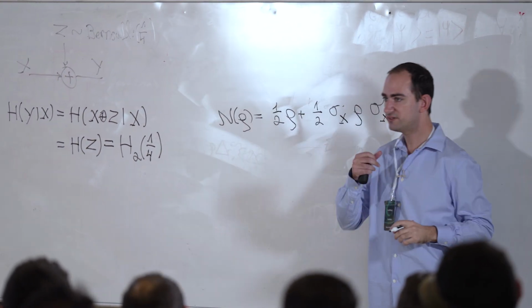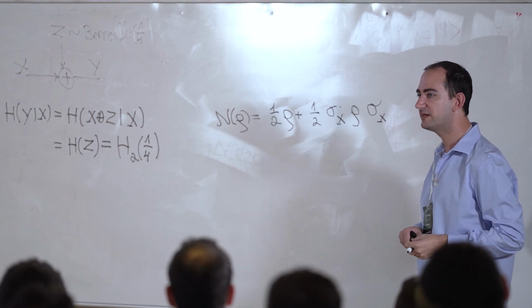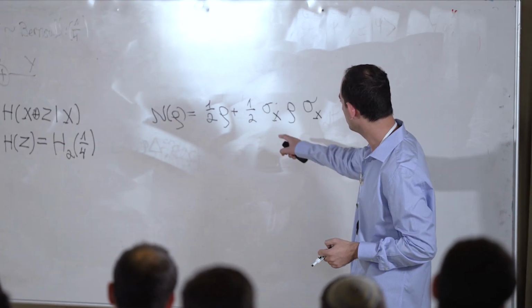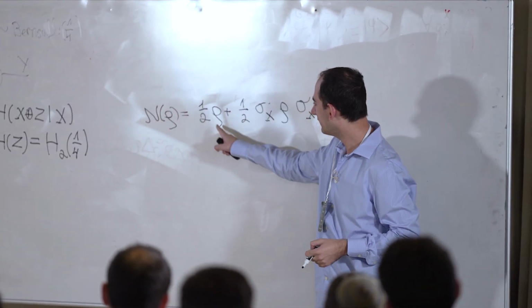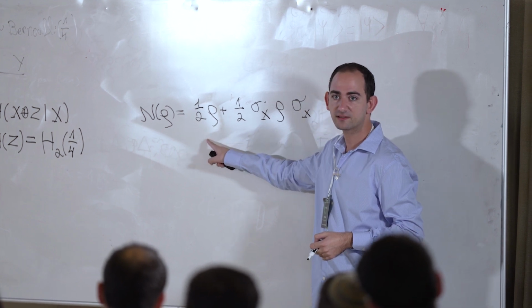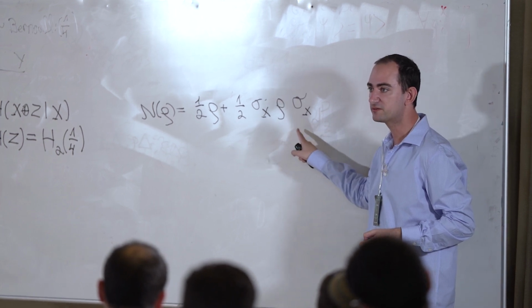Okay, so this is the quantum version of a channel that flips bits with probability half. Right? You see this half? If I have a qubit state, there's probability half that I will get the exact same state, and there's probability half that I will flip the bits.